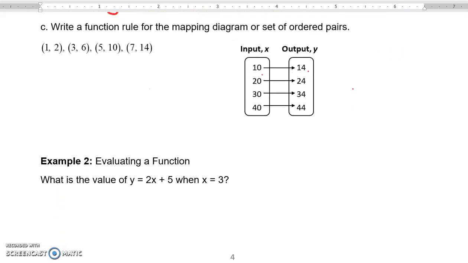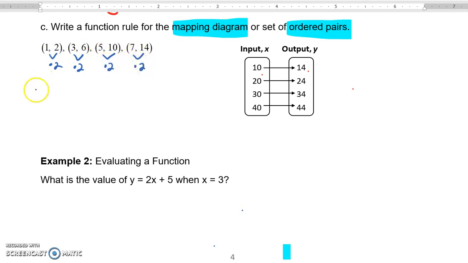Here are 2 more ways to represent a function: mapping diagram and ordered pairs. So writing a function rule for part C, first of all, you have to look at the pattern. We go from 1 to 2, from 3 to 6, from 5 to 10, and 7 to 14. I notice that I am taking the input and multiplying everything by 2.